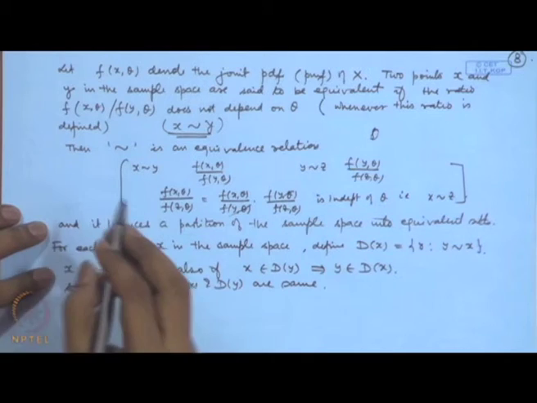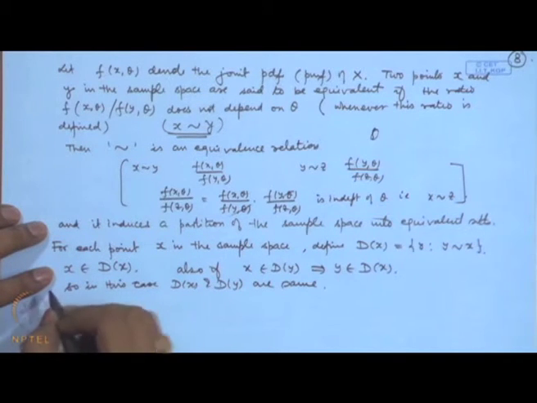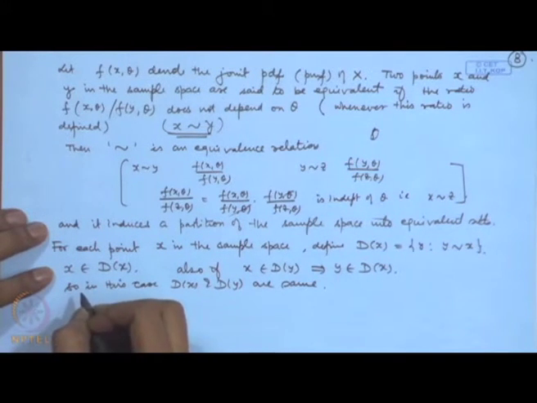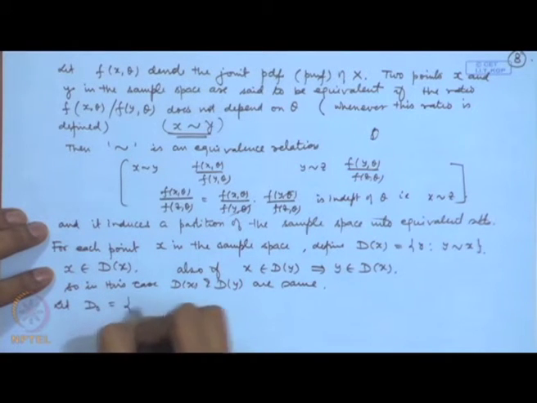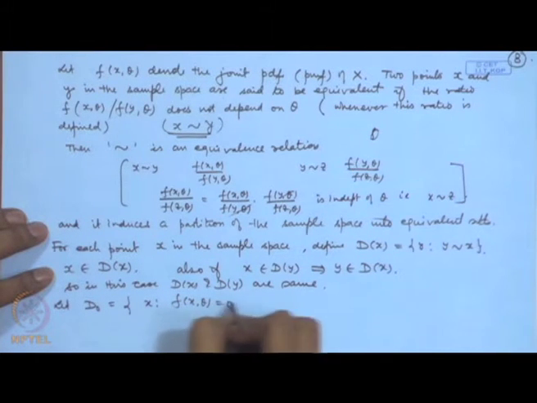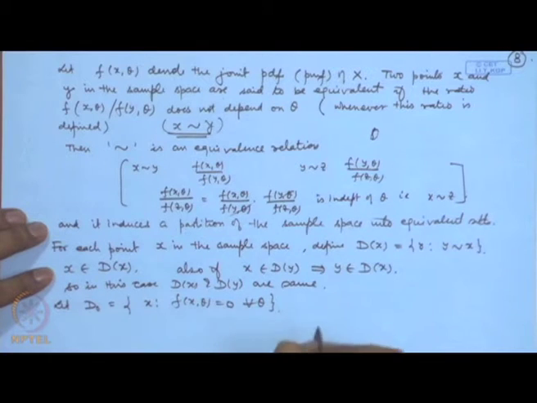And also there will be places where the density, or the probability mass function, takes value 0. We put those in another set: let D naught be the set of all those points for which f(x, theta) is equal to 0 for all theta.